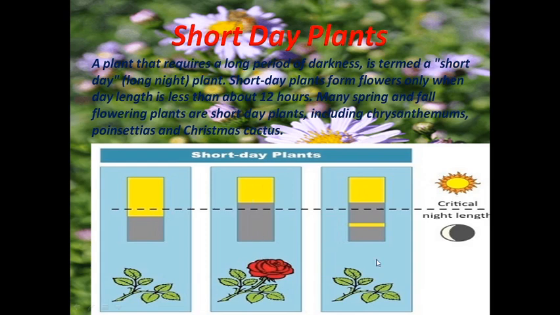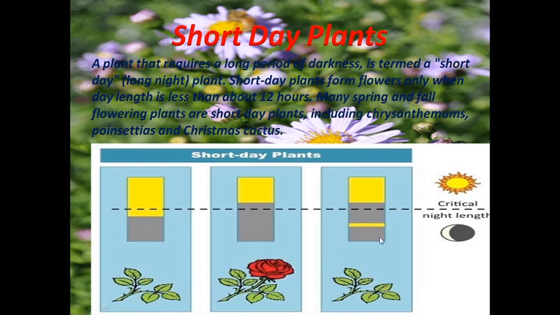And they also experimented with these plants like they did with the long day plants. They gave the plant a flash of light. They broke the dark period of the plant with a flash of light, say for example for half an hour, and they did not observe any flowering in the short day plants.